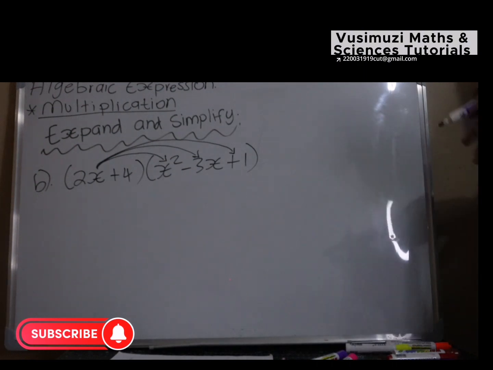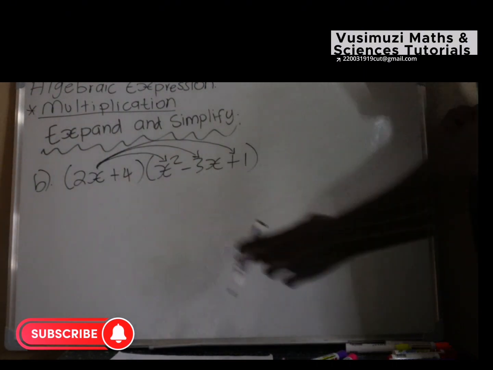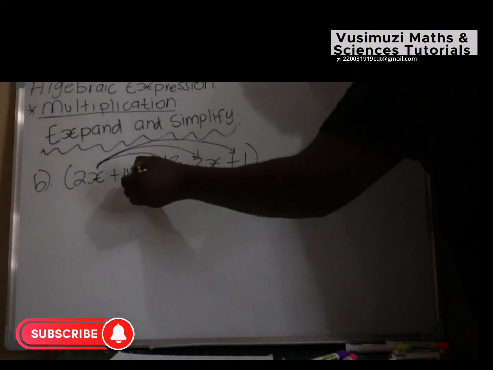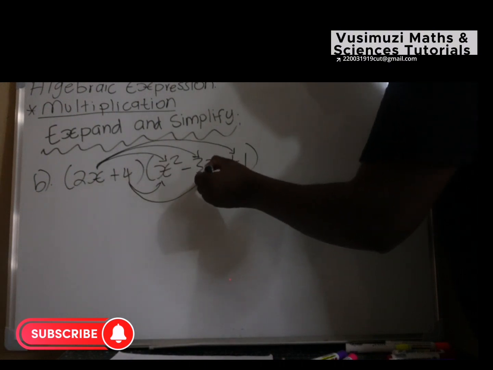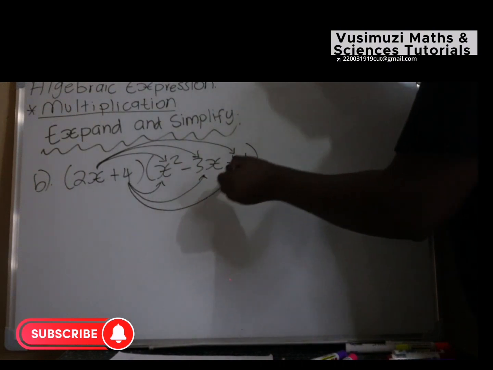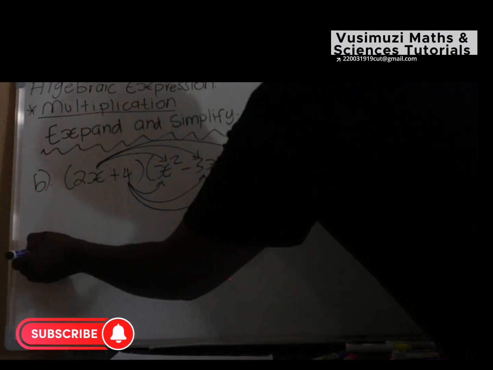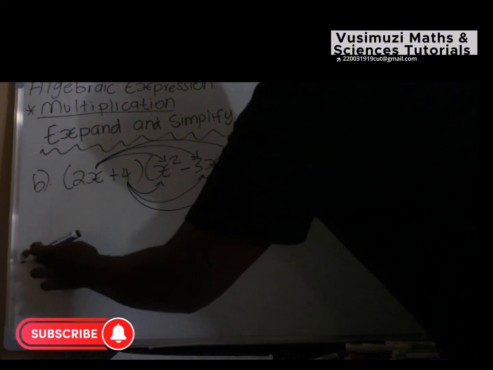There are many ways to simplify this, but this is one of the simplest. Then this 4 again is going to multiply each and every term inside the trinomial: 4 times x squared, 4 times negative 3x, 4 times again 1. That's how you do it.